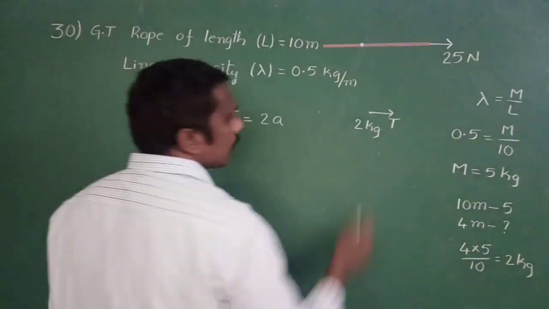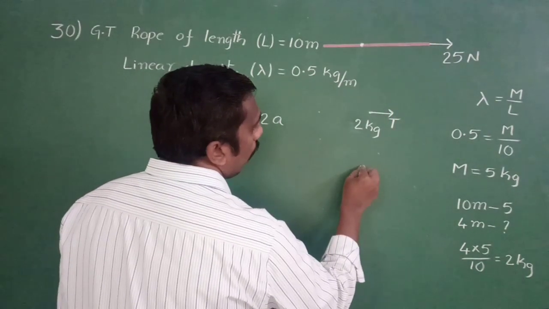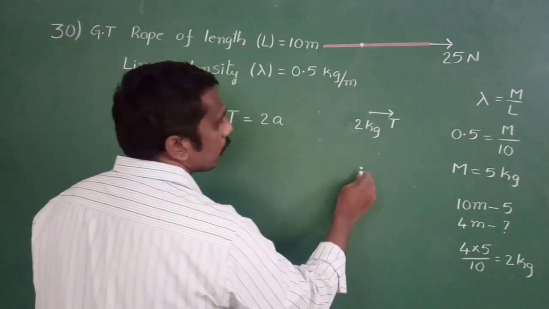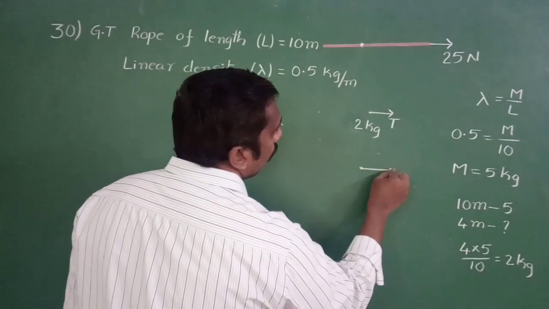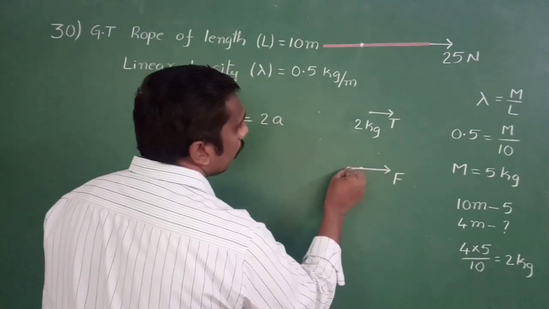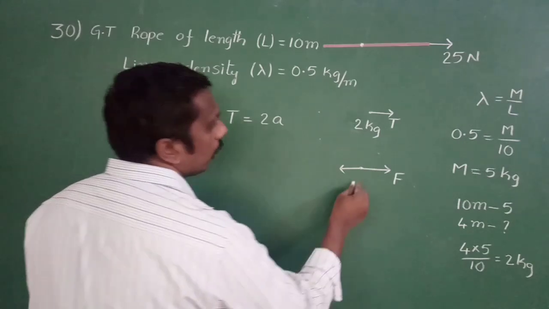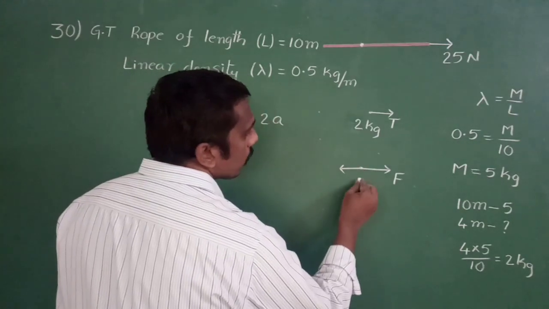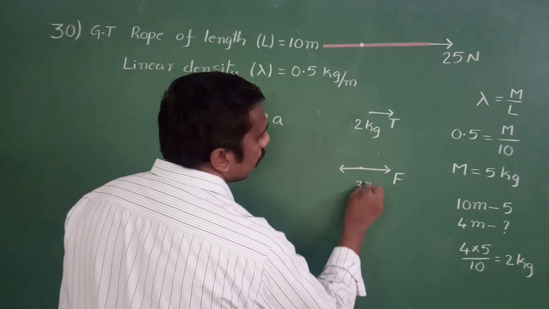Come to this remaining portion. On the 6 meter block, the applied force F is acting in this direction, and tension tries to pull in this direction. In the same manner, if you calculate, mass of this one is equal to 3 kg.